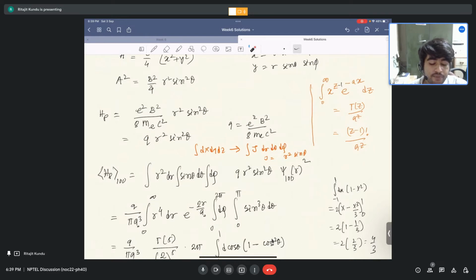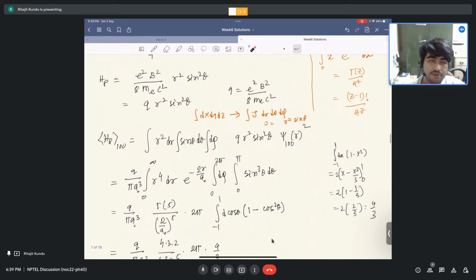If you have the integral of x to the power z minus 1 times e to the power minus a x dx, where you are integrating over the whole positive space from 0 to infinity, then you can write this integral as a gamma function, gamma z, and if there is any coefficient a sitting there, it becomes a to the power z. This gamma function is nothing but a fancy way of writing the factorial. So this becomes z minus 1 factorial by a to the power z. We will very soon use this identity.